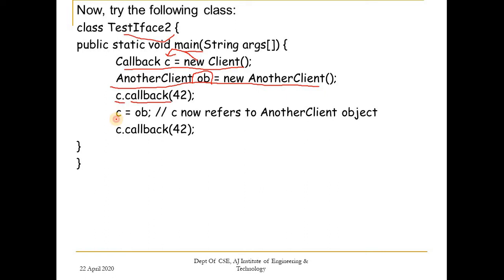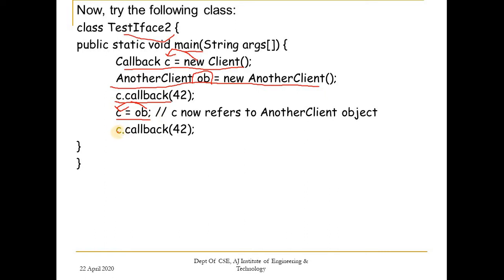Now, I am assigning that AnotherClient object to C. What is C? C is of type Callback interface, correct? Now C refers to an AnotherClient object.